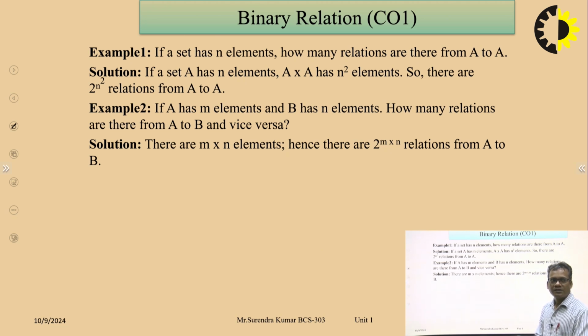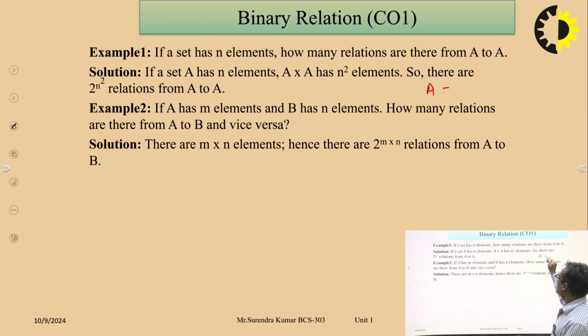Another example: if a set has n elements, how many relations are there from A to A? You have relations from A to A because you have A cross A, that is n cross n.